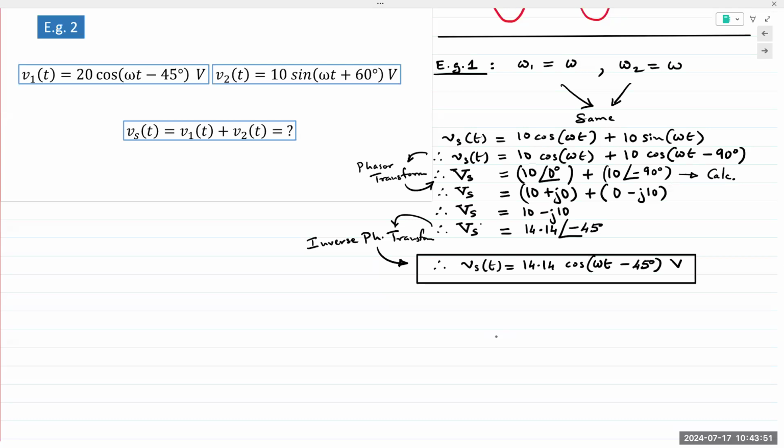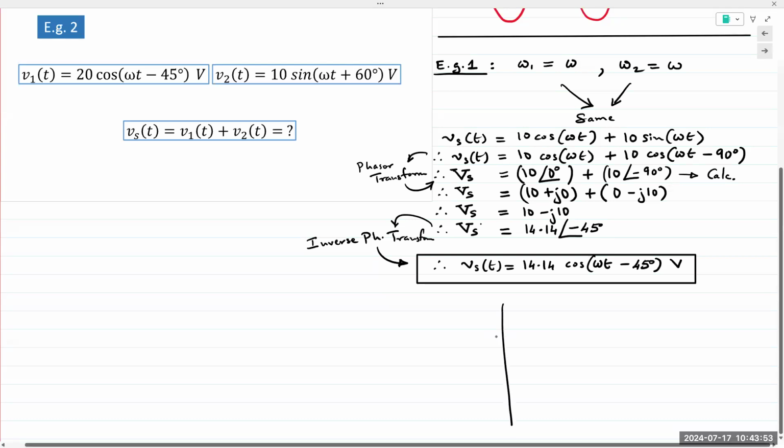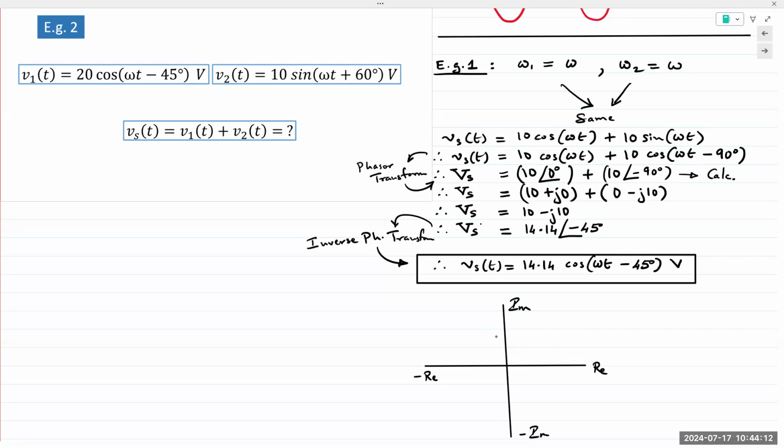So let's look at the complex numbers. What are the complex numbers? Real, imaginary, right? So far, so good. 10 angle 0. How do you plot a vector?